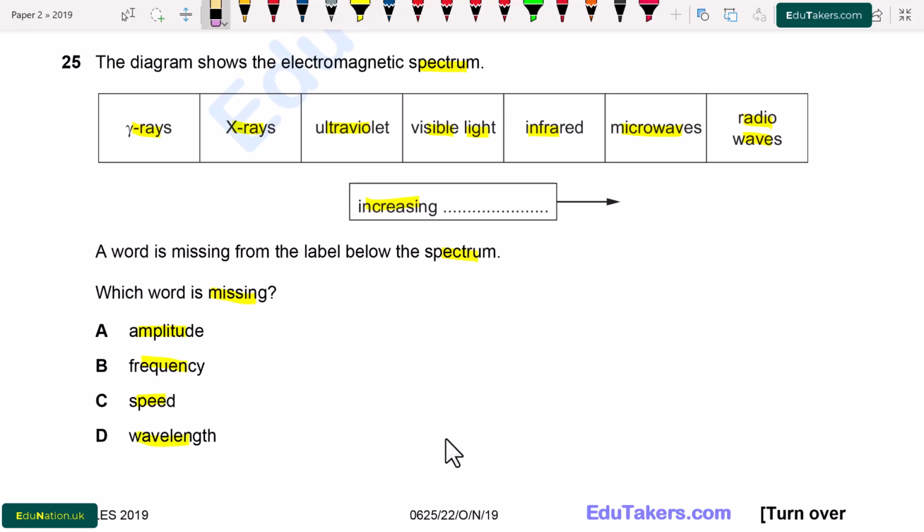First of all, here is gamma rays. We know that gamma rays have the largest frequency. And the radio wave has the shortest frequency. It means that when we move from left to right, the frequency decreases.